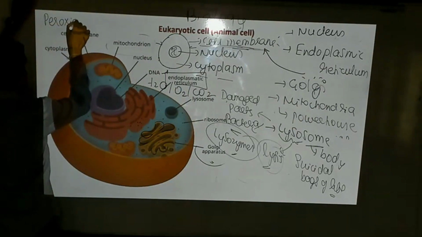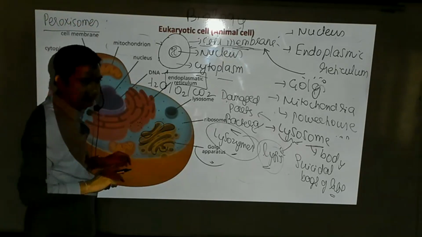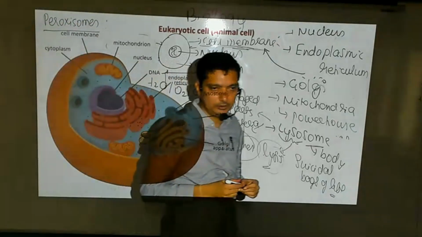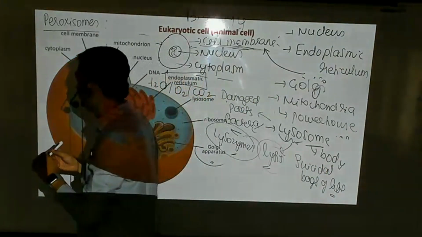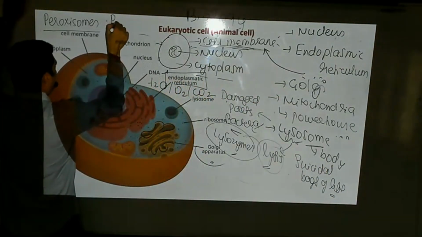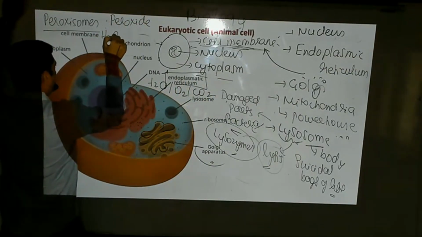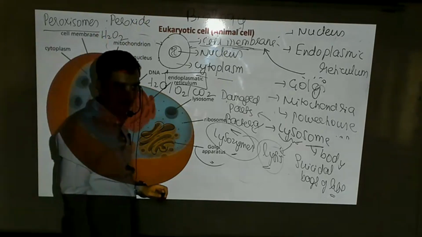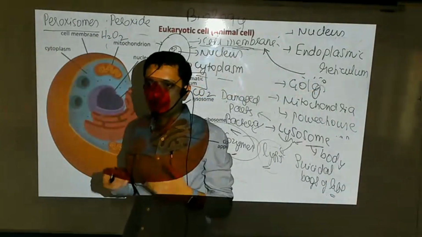Sometimes we also find what is called peroxisomes. Have you heard about them? Peroxisomes. Can you guess from the name? Soma means body. Peroxy has something to do with a chemical substance called peroxide. Have you heard about hydrogen peroxide, H2O2? Hydrogen peroxide is a toxic substance produced in our body.